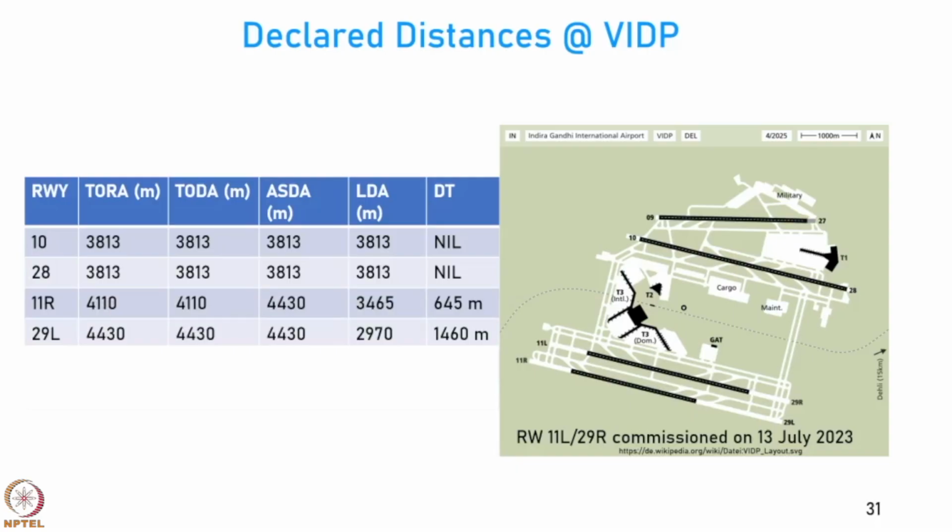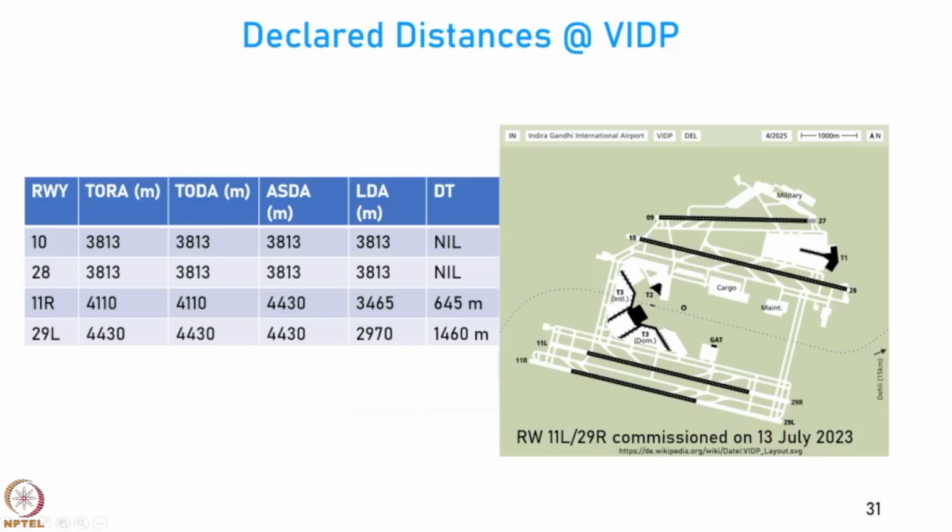But if you look at runway 11R and 29L, the one which was earlier available, you see that in this runway there is a displaced threshold here. This is about 645 meters, and here you have a much larger displaced threshold. That value is 1460 meters.